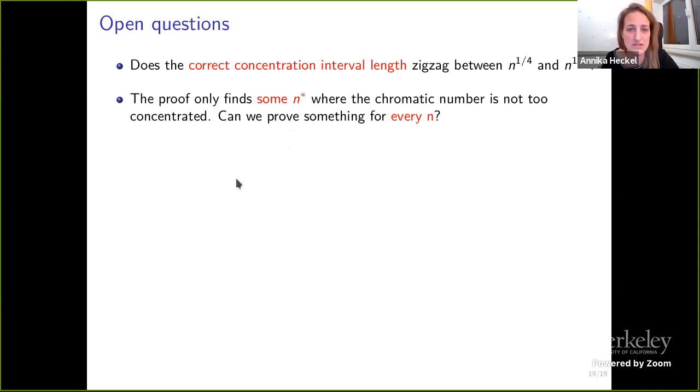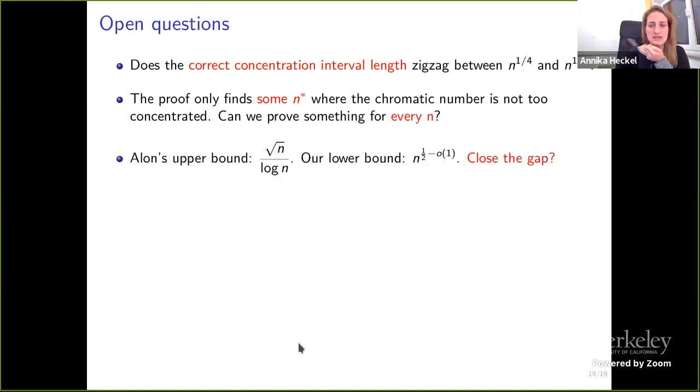So it would be nice to have something that's true for every n. As of now, we can't exclude the possibility that the chromatic number is not concentrated on some sparse subsequence, and then 1 point concentrated everywhere else, which is of course absurd, but as of now, the method doesn't really exclude that possibility.